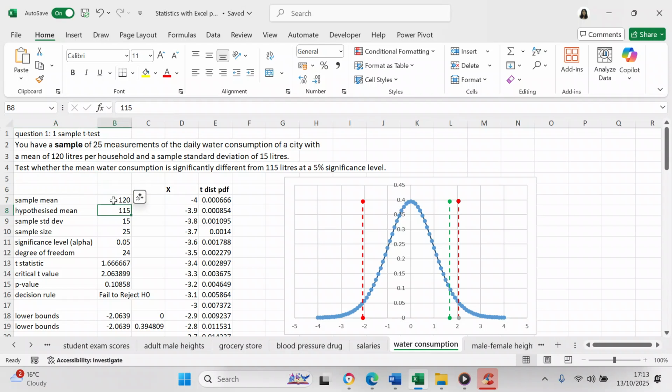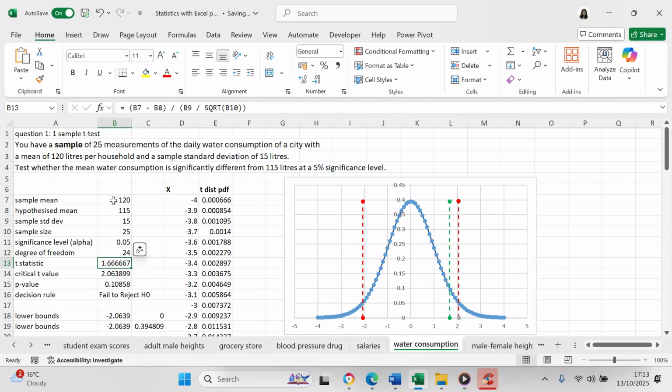So that's what we're going to make the hypothesis test on, 115. Sample standard deviation is 15. Sample size is 25. Significance level, which is your alpha, is 5%. Degree of freedom is the sample size minus 1. So your degree of freedom is 24.